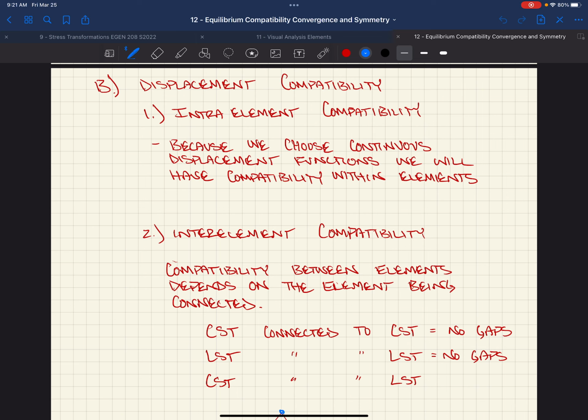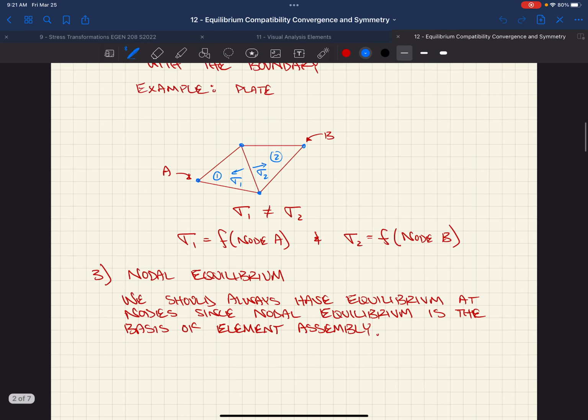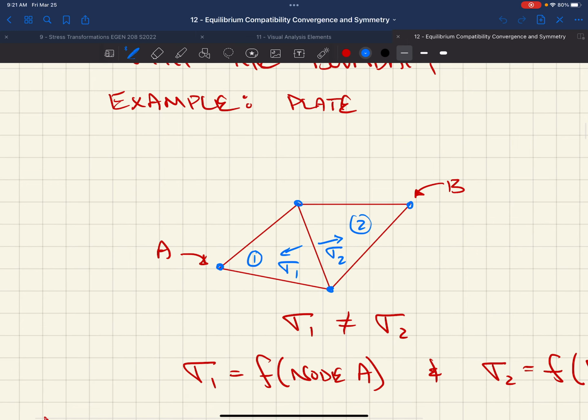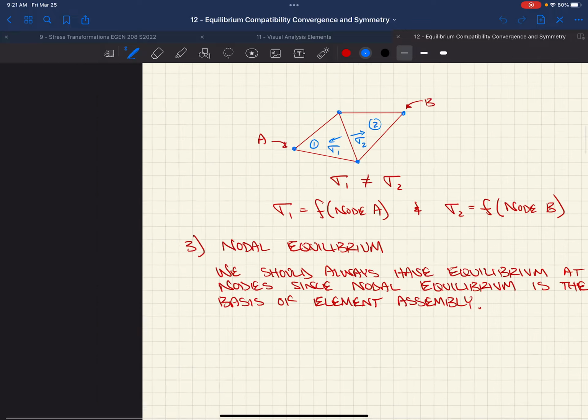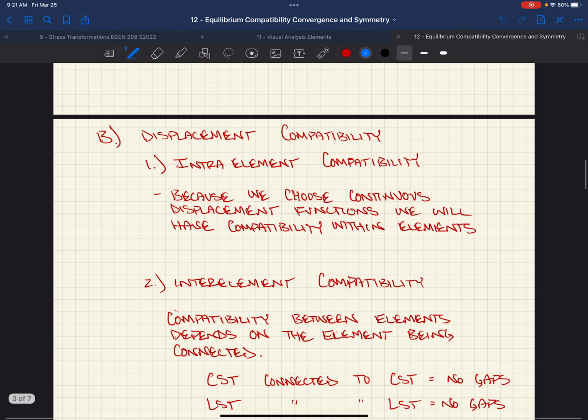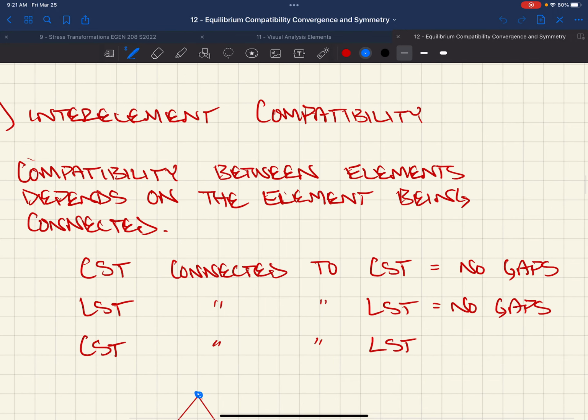Inter-element compatibility, well, that would be the compatibility, as you were asking there, of what's going on along the line. Well, if we're looking at displacement, then yeah, we would have it as long as we choose an element which is only a function of the nodes along that line, right?